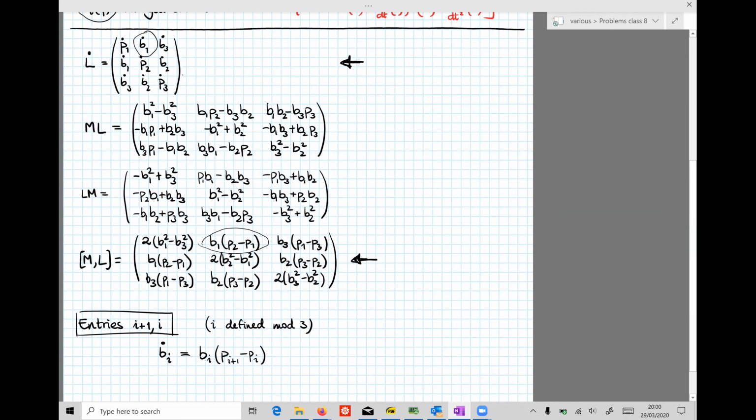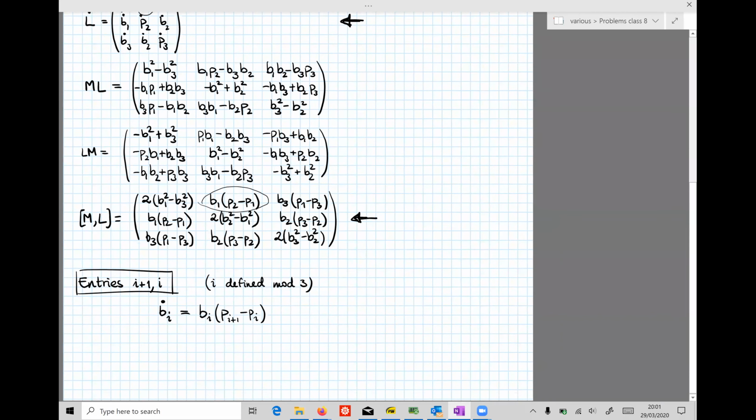I chose i equal to 1, but if you look at i equal to 2 and 3, you will see the same structure. Now we can rewrite this equation by taking B_i to the denominator on the left-hand side. And so this is nothing but the time derivative of the logarithm of B_i equal to P_{i+1} minus P_i.